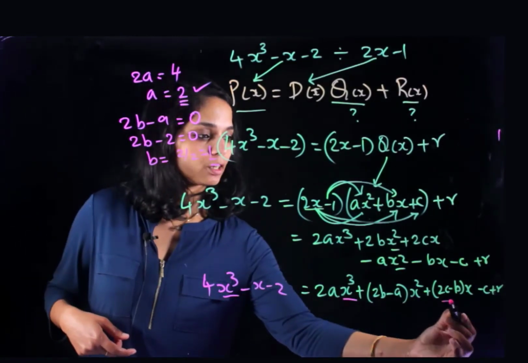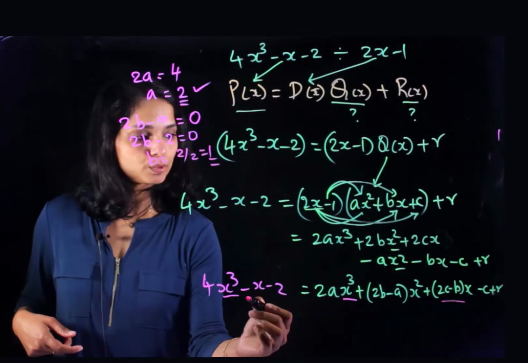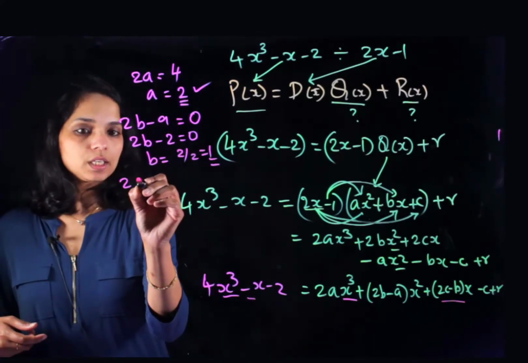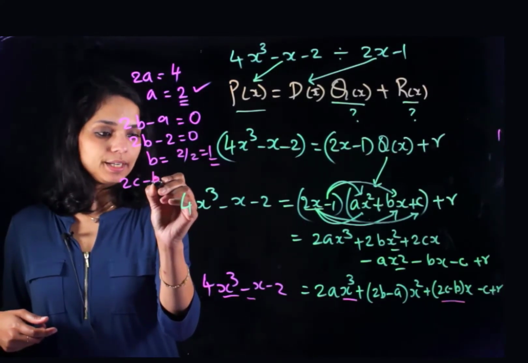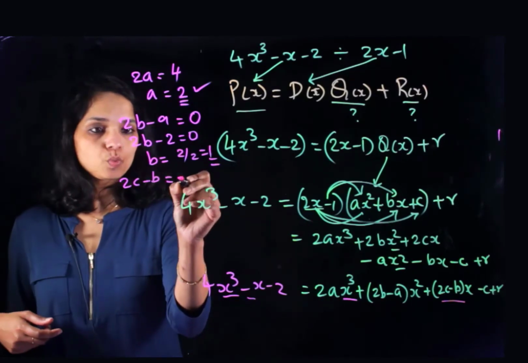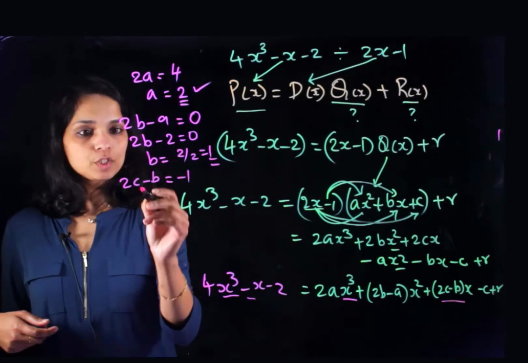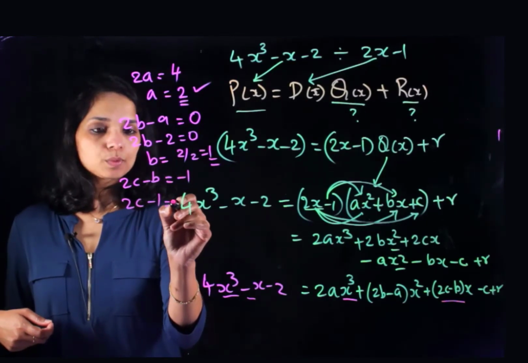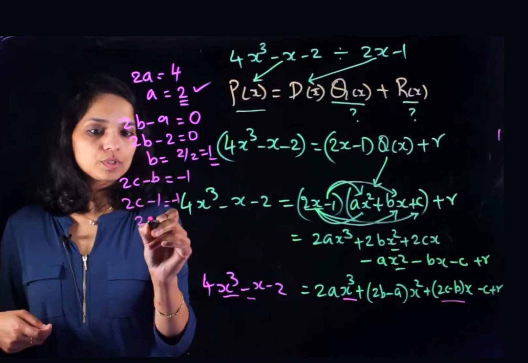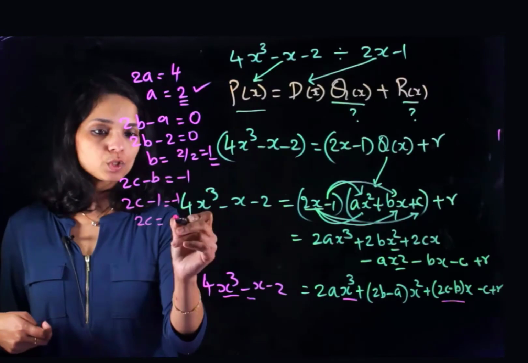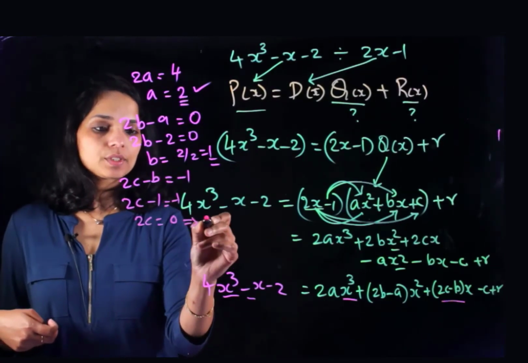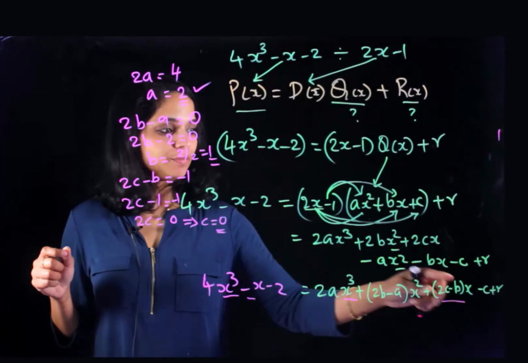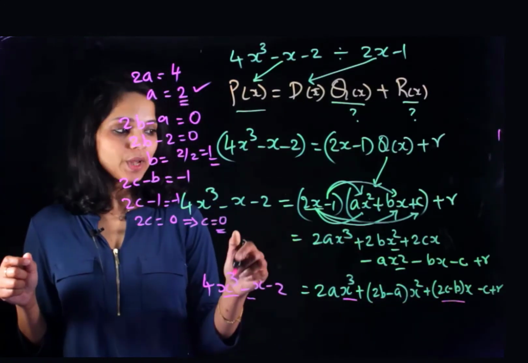Now let's compare the coefficient of x on both sides. So 2c minus b equals minus 1, and b is 1, so it's 2c minus 1 equals minus 1, or 2c equals minus 1 plus 1, which is 0. That gives c as 0. Finally, we need to get r as well.